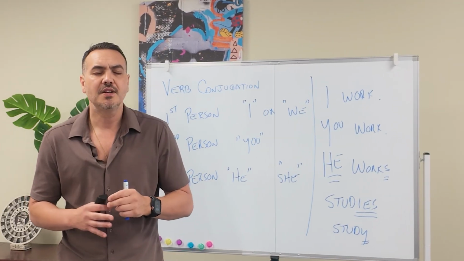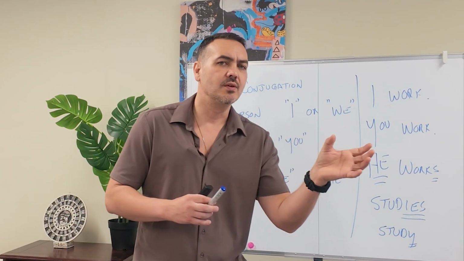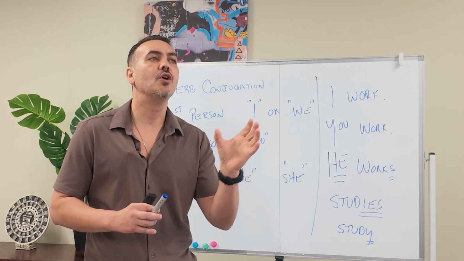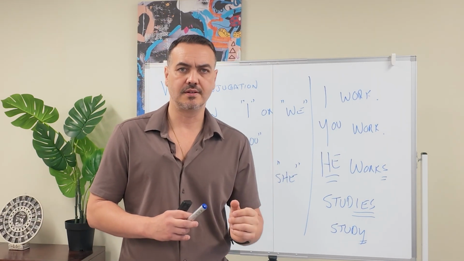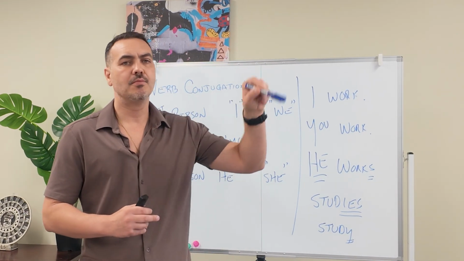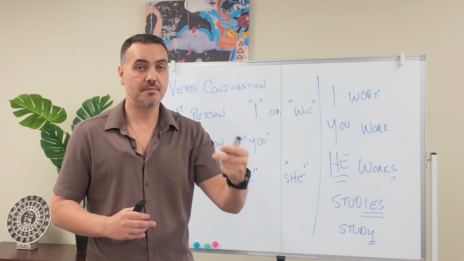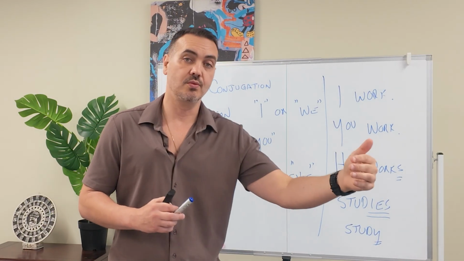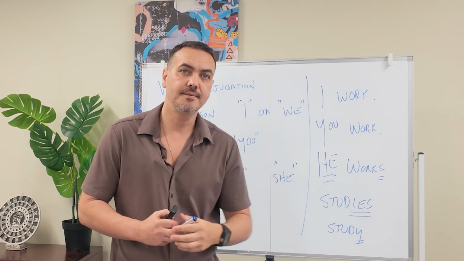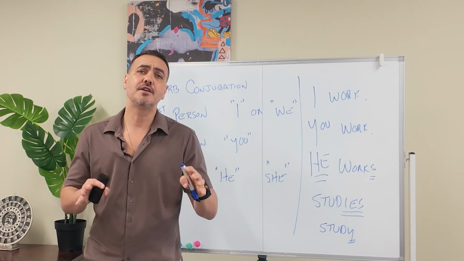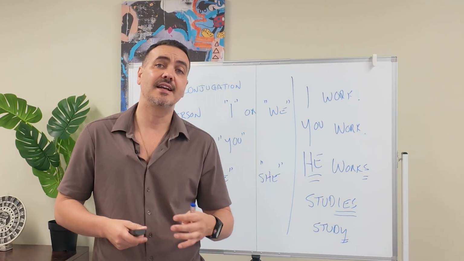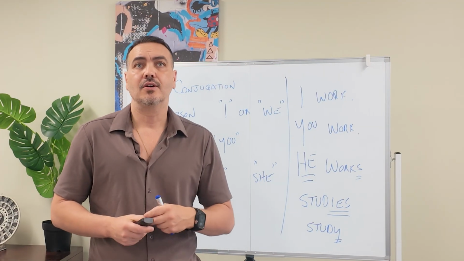Notice the difference. You would not say he go to the store. You would say he goes to the store. Okay? But when you're talking about more than one person, in the third person, you would say they go to the store. Okay? Some verbs add ES instead of only S. Okay?